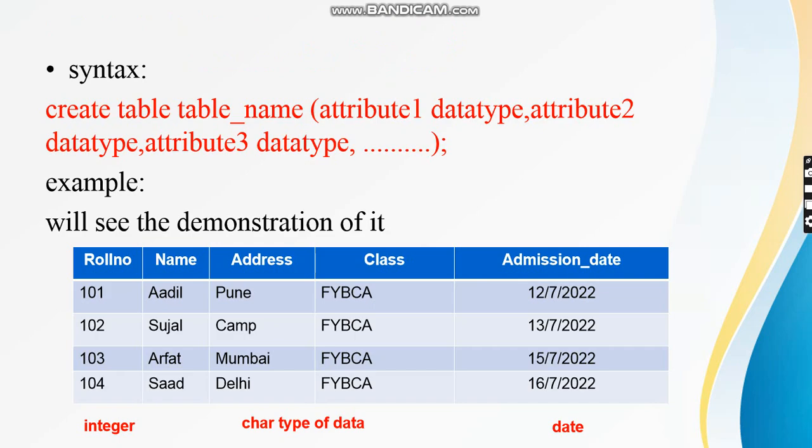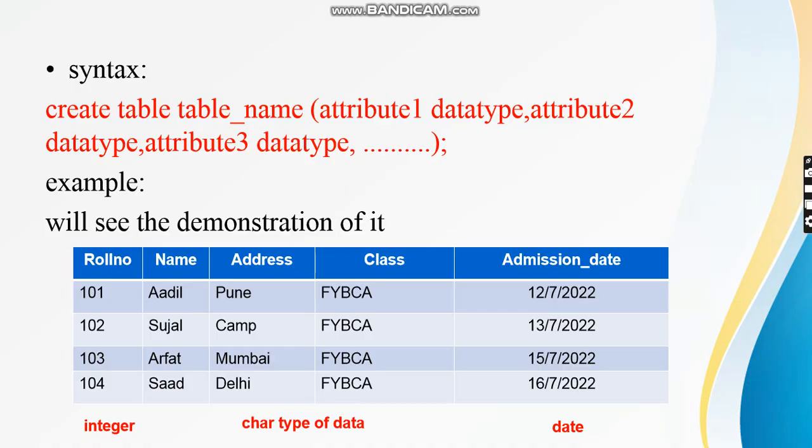So basically the create command is used to create the table, right? The syntax for this is create table, the table name, and the attributes with their data types. Here below you can see this is the example of a table named student.